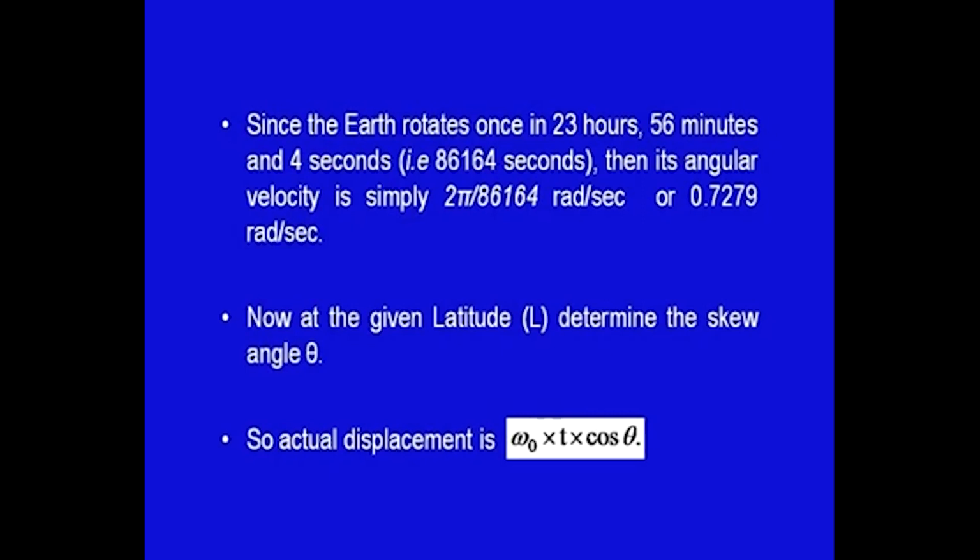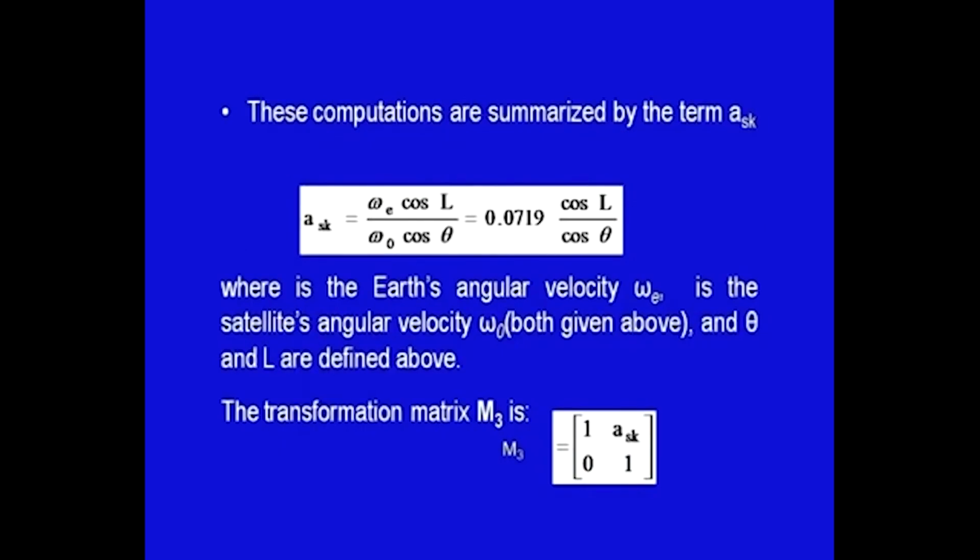So, the actual displacement is omega 0 multiplied by t into cos theta. These computations are summarized by the term ASK, which can be simplified and written as 0.0719 multiplied by the ratio of cos L and cos theta, where the earth's angular velocity is omega e, the satellite's angular velocity is omega 0, and theta and L are defined as above.